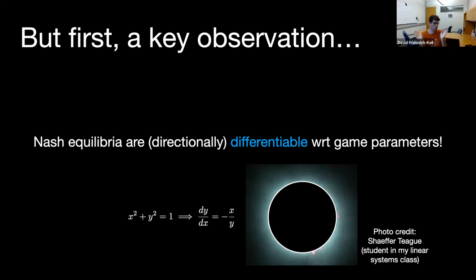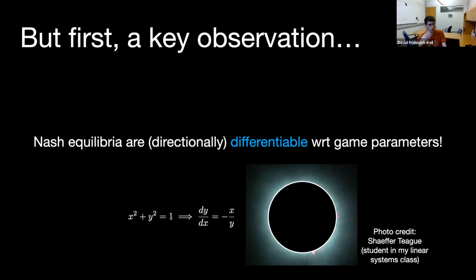So if player one's objective changes by a little bit, subject to some differentiability assumptions, then I can differentiate the solution with respect to the parameter. That's going to be a really important technical ingredient in order to build up the framework we'll talk about.